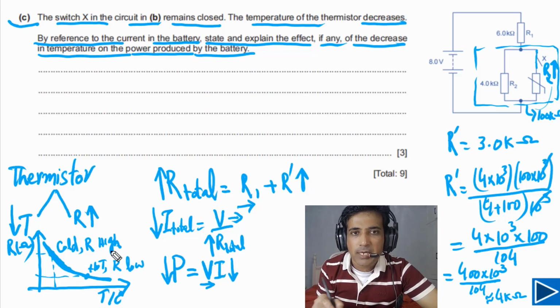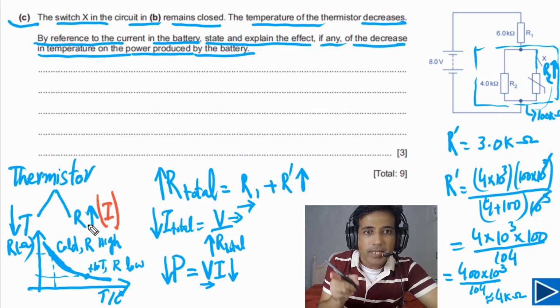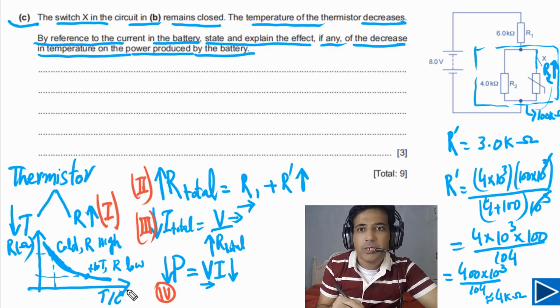The first point you can write down is: temperature decreases, resistance increases. The second thing we can say is total resistance increases. The third point is current in the battery decreases. And the last one is power produced decreases. So these 4 points we can mention and you will get 3 marks.